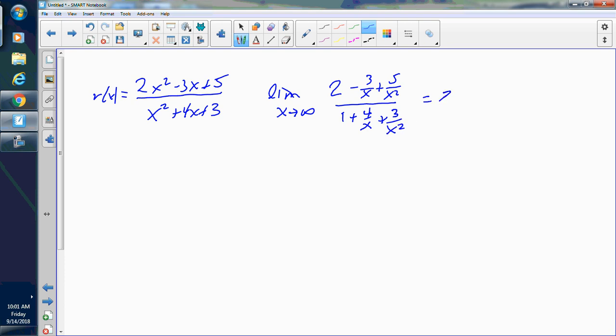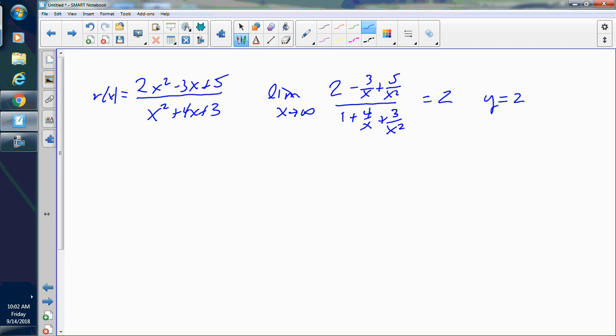In that limit, as x approaches infinity, the two constants stay constant, and the other terms approach 0 as their denominators keep getting larger. So here the asymptote is y equals 2.